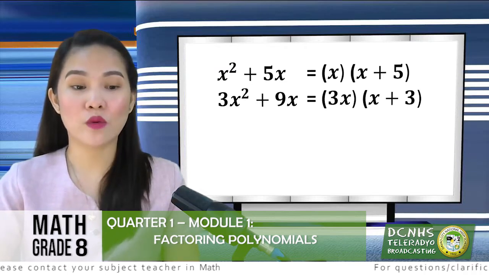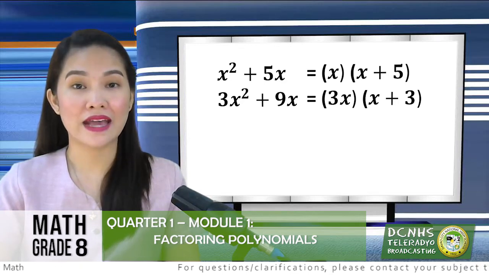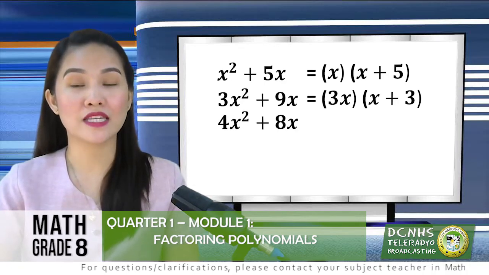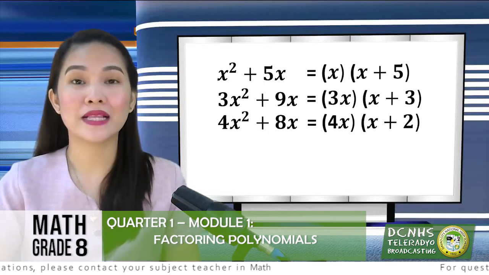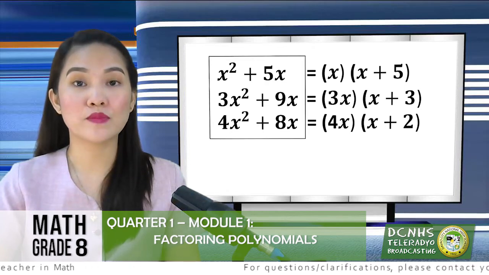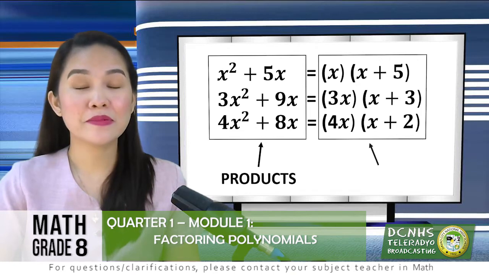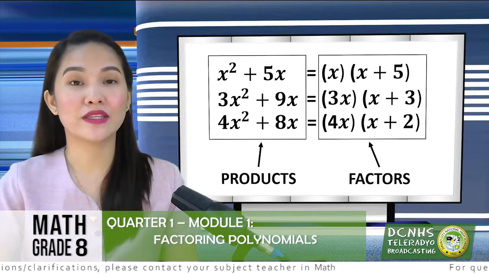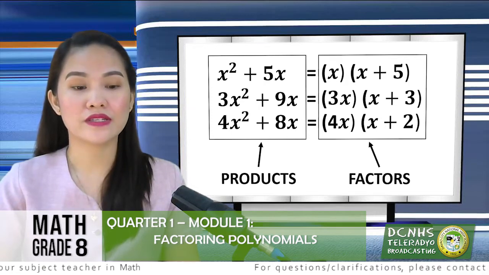For 3x squared plus 9x, the factors are 3x times the quantity x plus 3. And for 4x squared plus 8x, the factors are 4x times the quantity x plus 2. The left side of the equations are the products, and the right side of the equations are the factors.